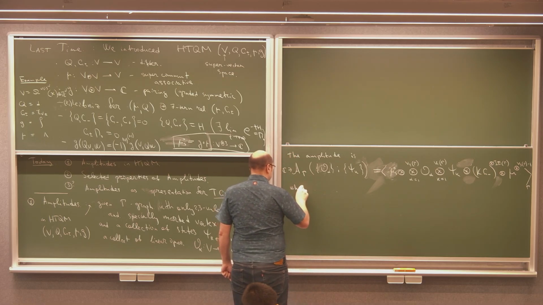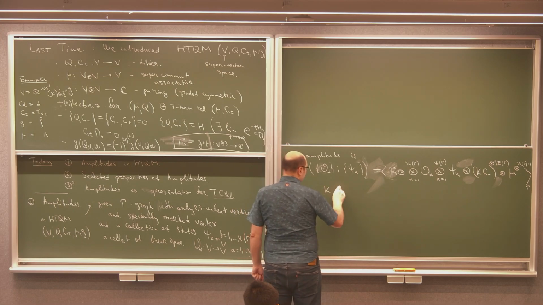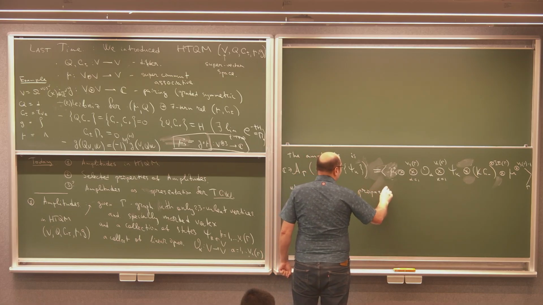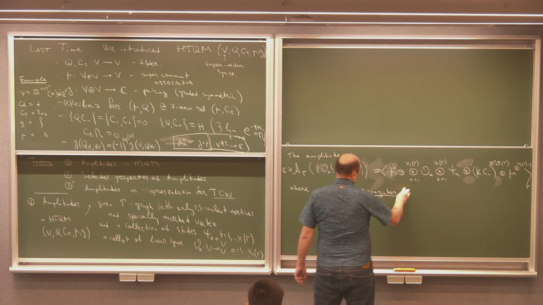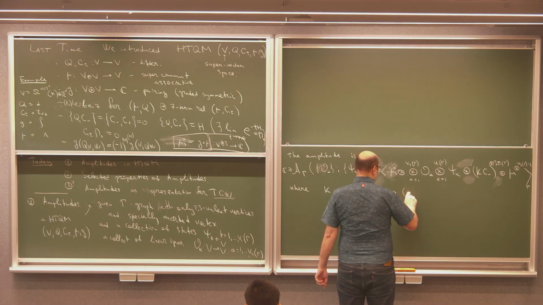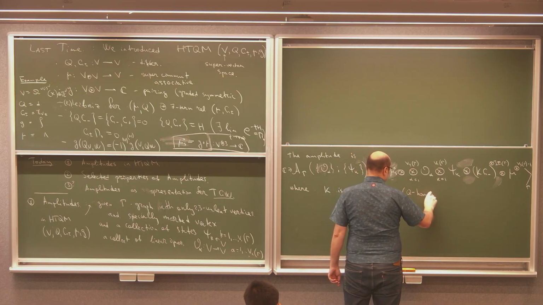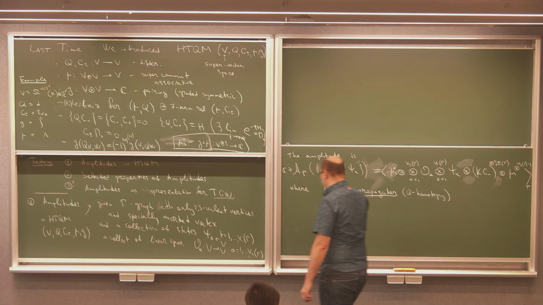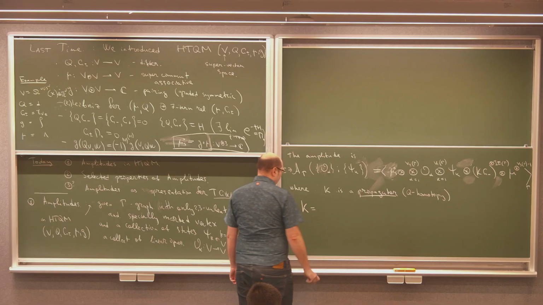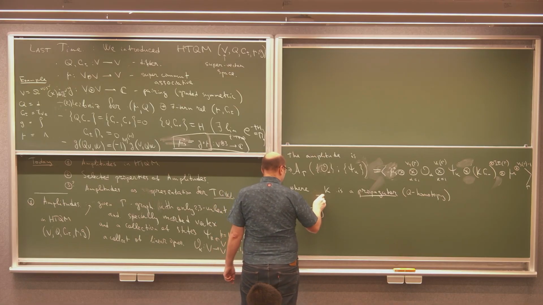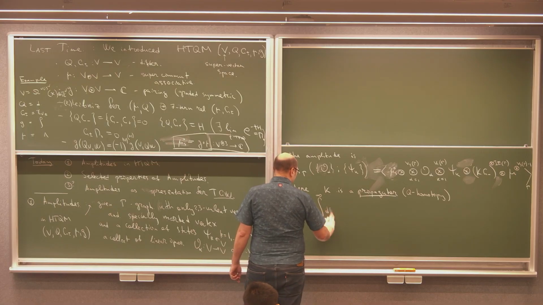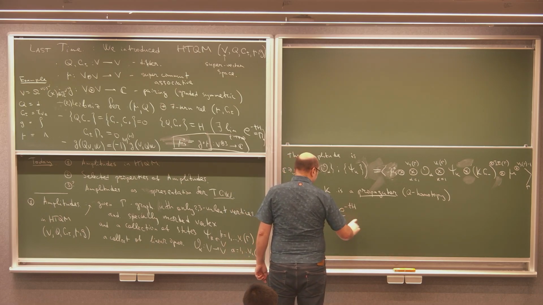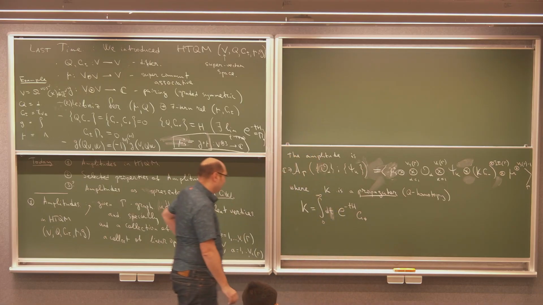K, in physics language, is a propagator, and in proper mathematical language it is a Q-homotopy. Namely, K is an operator defined in the following way. We take an integral from 0 to infinity, dt, e to the minus t H, and here we act by G plus.